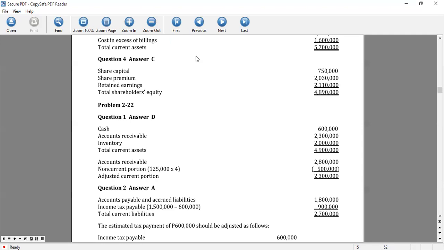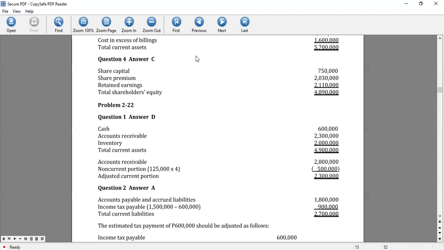So we are deducting 600,000, giving us 900,000. Then we add accounts payable and accrued expense, so we have a total of 2,700,000. That's in question number 2.